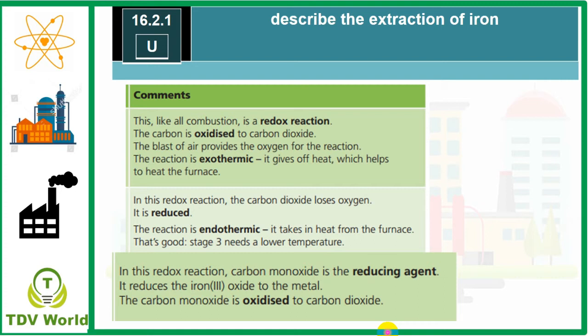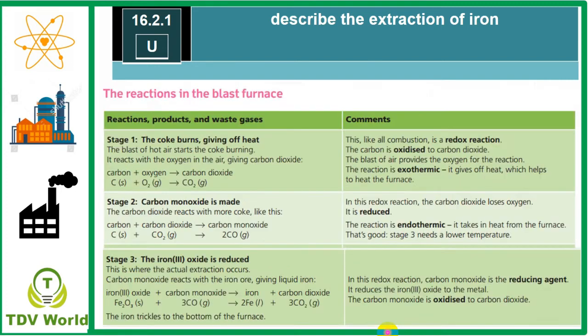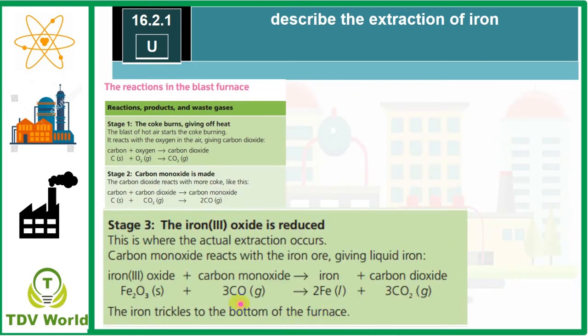Carbon monoxide is the reducing agent. Here, which is the reducing agent? This is something you should know, because this is something that is asked in MCQs, that carbon monoxide is the reducing agent. It is going to reduce others, right?